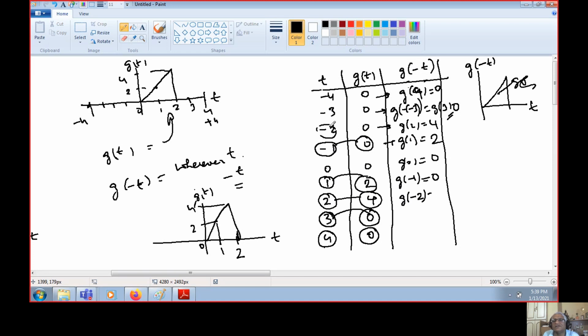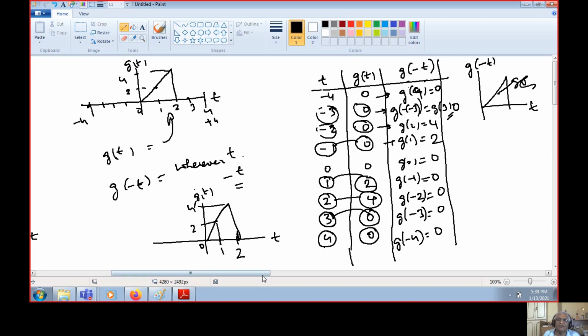Minus 2 is here. g of minus 2 is this one. So that is also equal to 0. Then g of minus 3, that is also equal to 0. Then you have g of minus 4, which is also equal to 0.